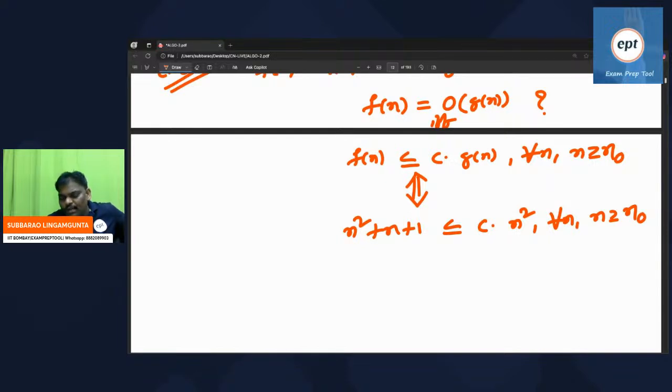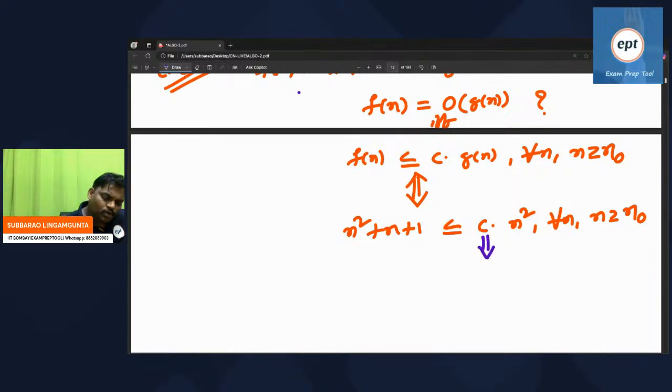But unfortunately here, the left will be bigger. But big O notation says to prove the right is bigger. So I don't know what way I have to prove. C is saying that I am a constant, you can take my help.